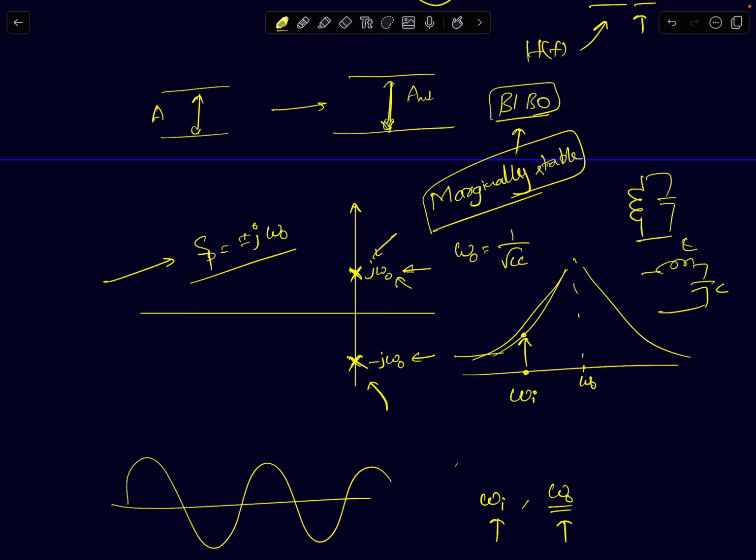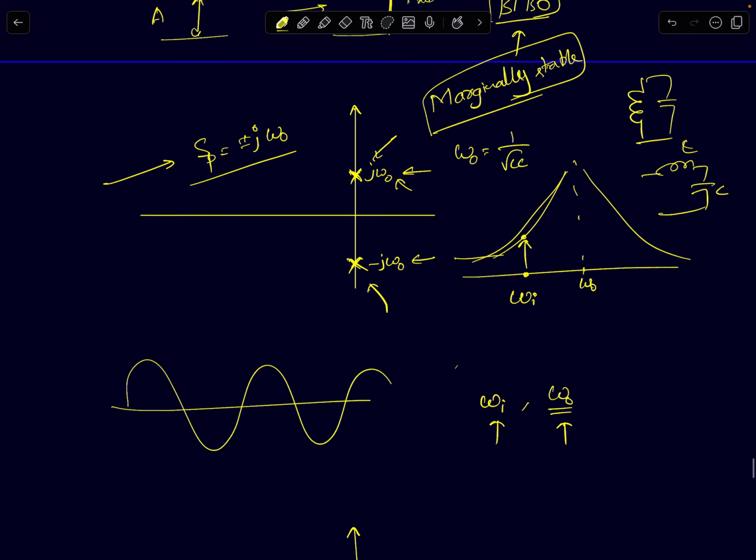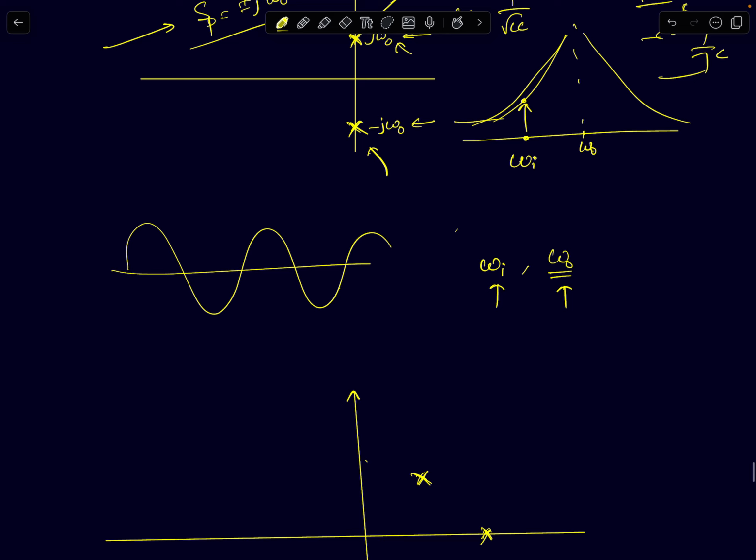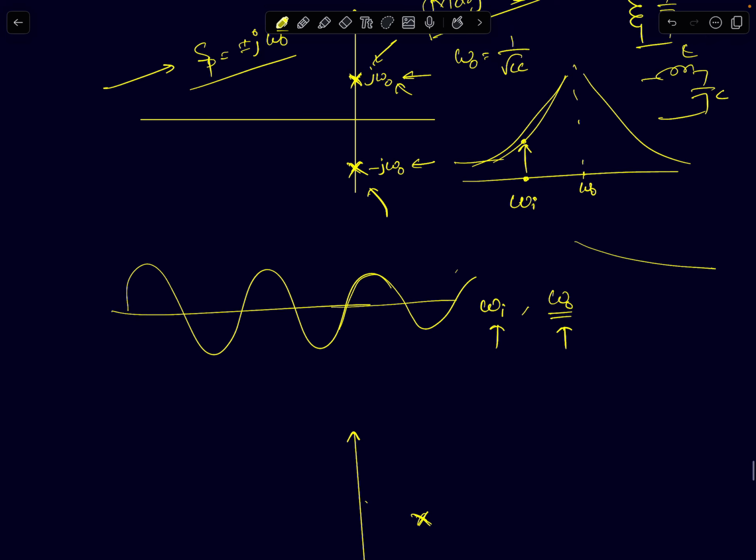For a marginally stable system, the natural response is a sinusoid. For a stable system, the natural response would have decayed down to zero in the steady state. As t tends to infinity, the natural response will tend to zero. But because this is a marginally stable system, your natural response will always keep on oscillating between two values.